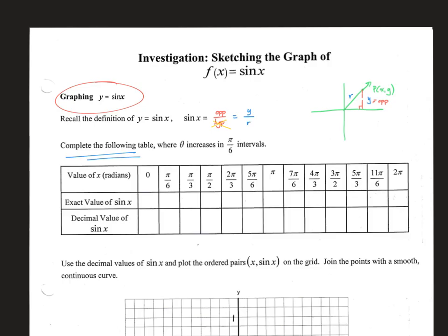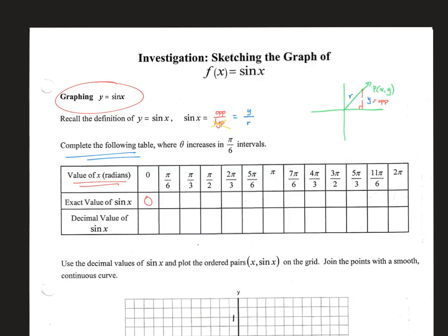We're going to work our way through our angles in radians of multiples of pi by 6, and I'd like you to come up with the exact values of those. To help us get started, if we were to calculate the exact value of sine 0 in the first column, when I have an angle of 0, my opposite side is 0.